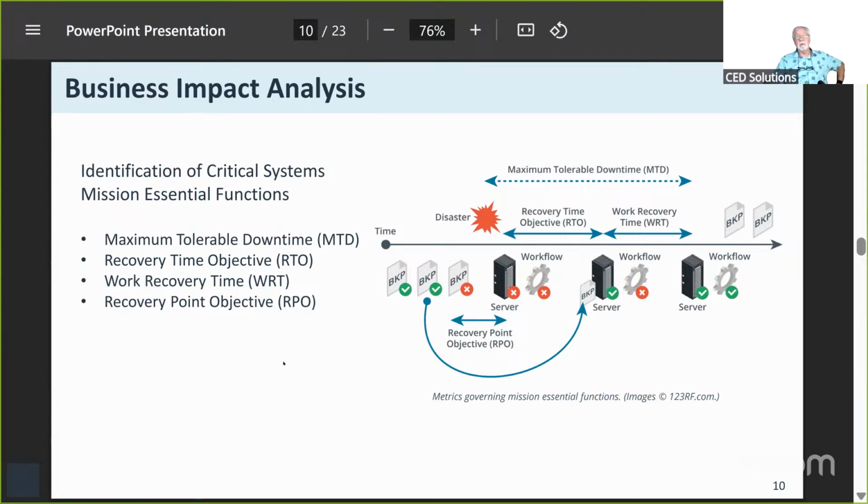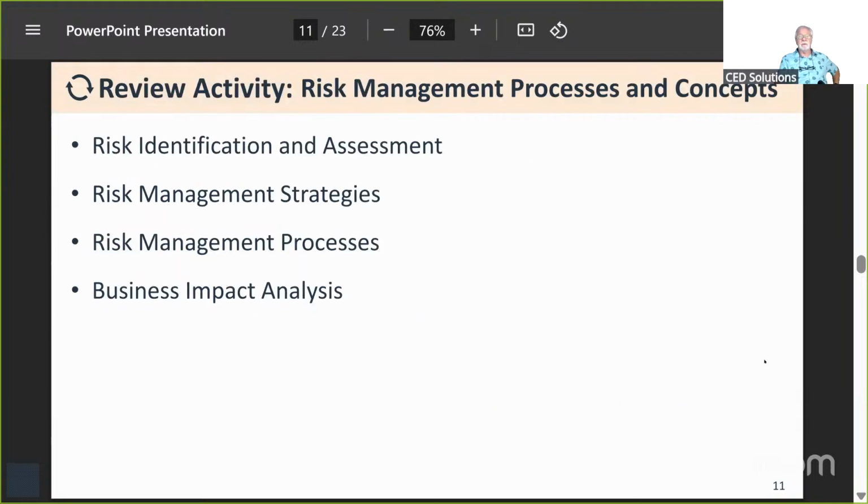So this is how we do business impact analysis. Once I identify all those critical systems, then I have to work for each and every one of those along this timeline. I do not want to hit that maximum tolerable downtime and still have critical systems that are not at the very least 85, 90% functional. Okay. So I have to continue my business of doing business.